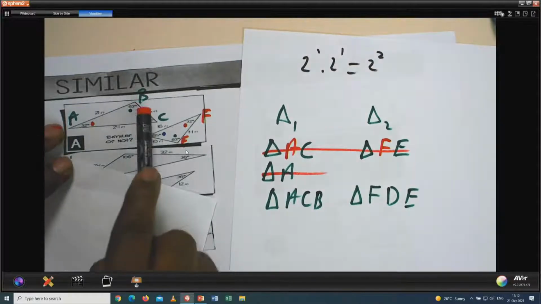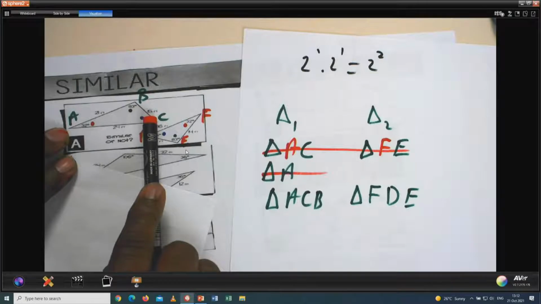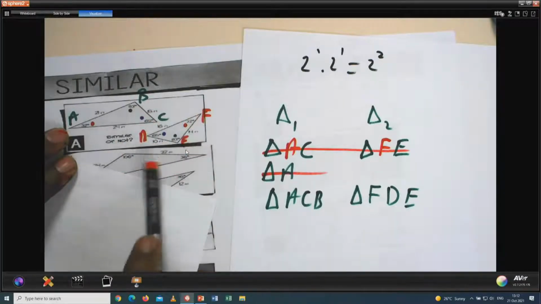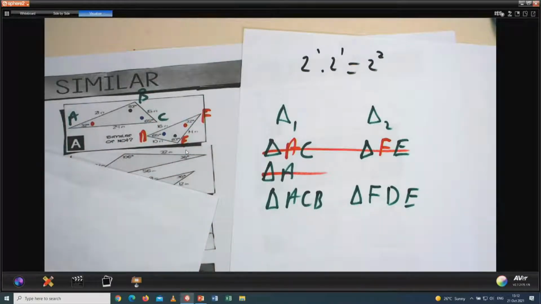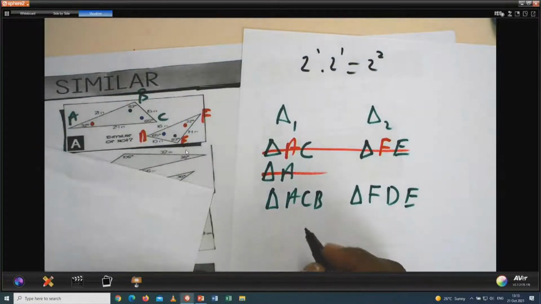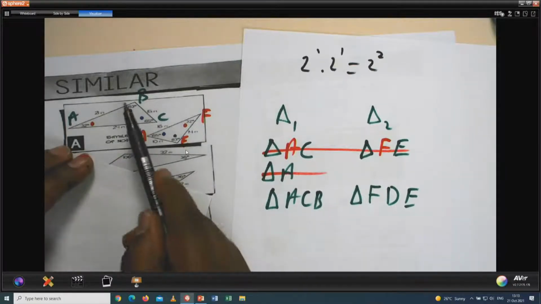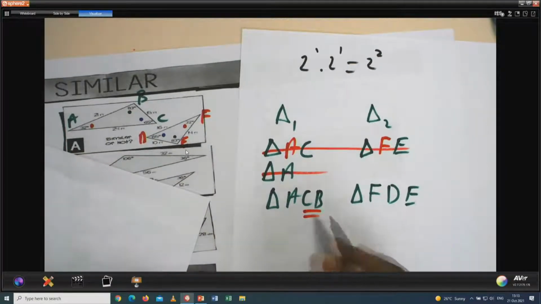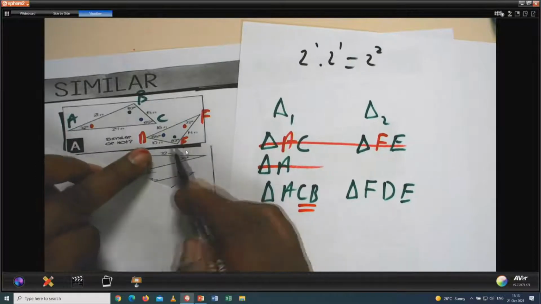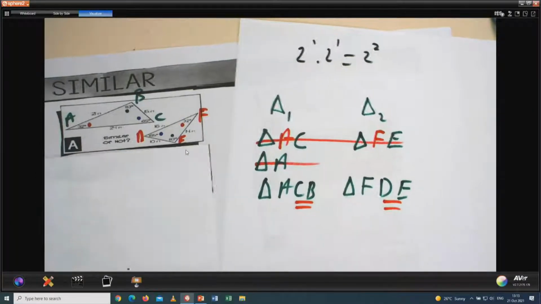See? The side opposite the red angle is BC. Here the side opposite the red angle is DE. That order is very, very, very important.